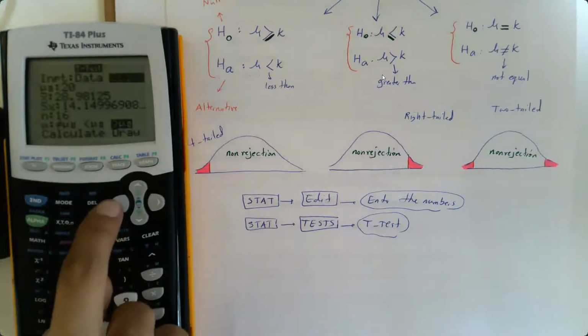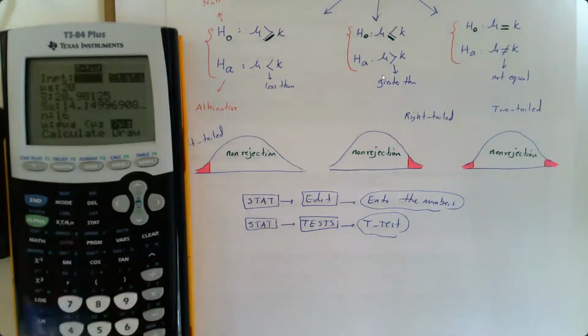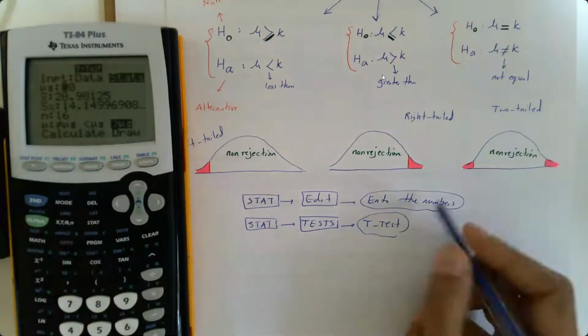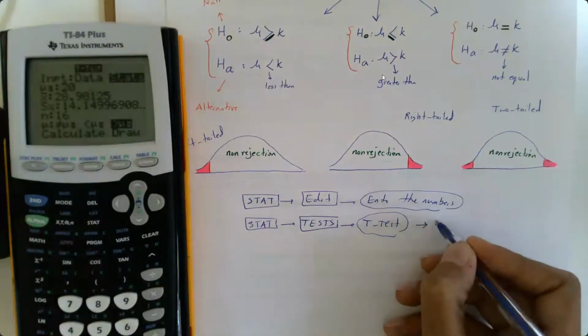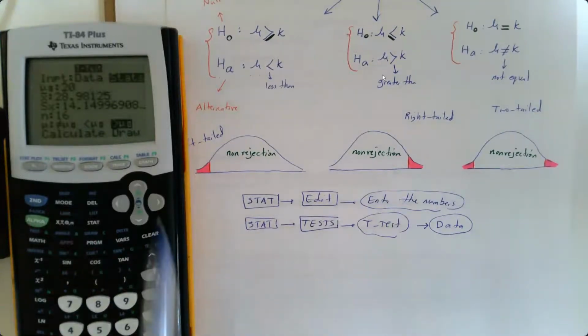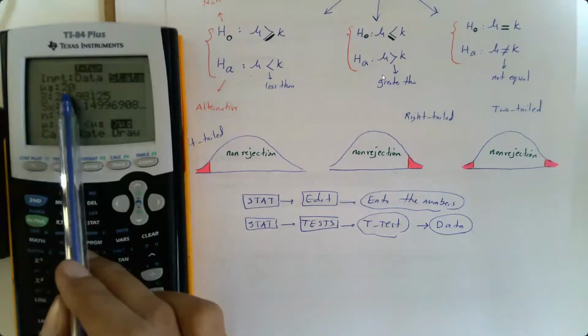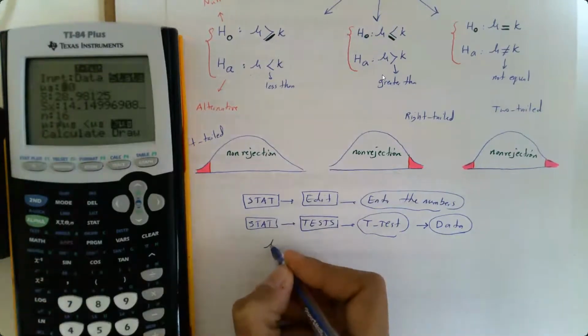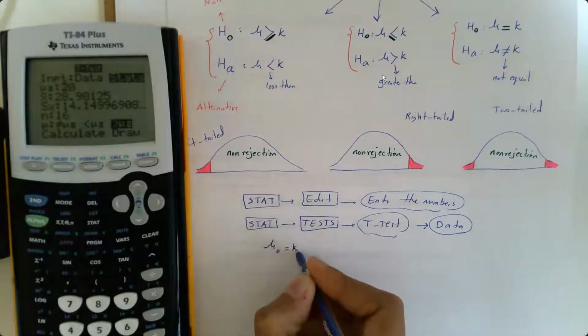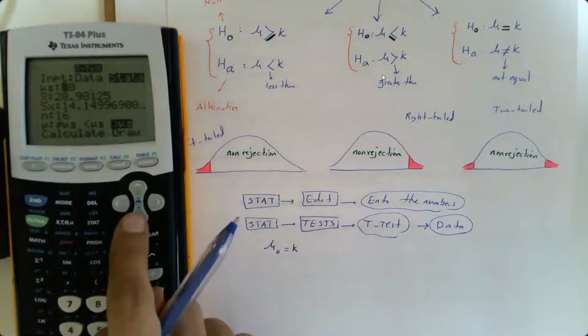So you're going to select the data and move to the next line. And so here you have data. Mu sub 0 is your K. In this case, our K is 20.